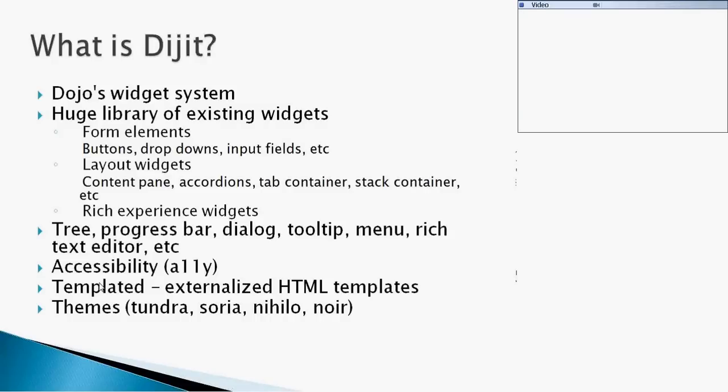If it is not available, it will come as a basic one. So it handles all these accessibility issues also. No matter what type of browser you are using, at least it will work up to a certain extent.